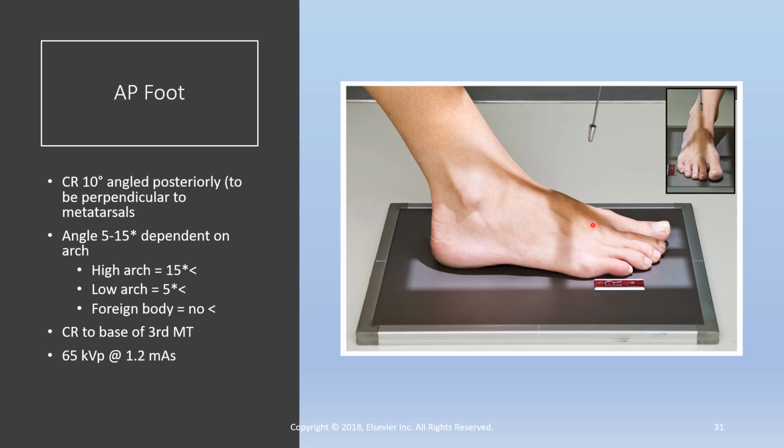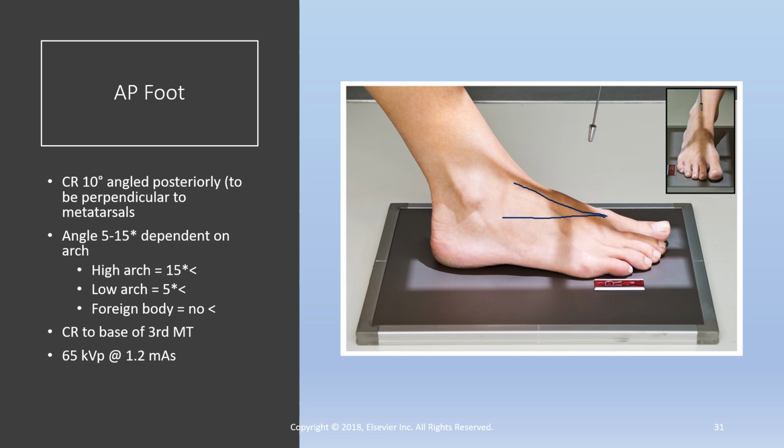Remember we said that dependent on that longitudinal arch, these are going to either be... let me get a pen here. Ideally, you want to be perpendicular. So if your metatarsals are like that, then that central ray is perpendicular to that. But if they're really flat foot and they go like this, you don't need much of an angle at all.